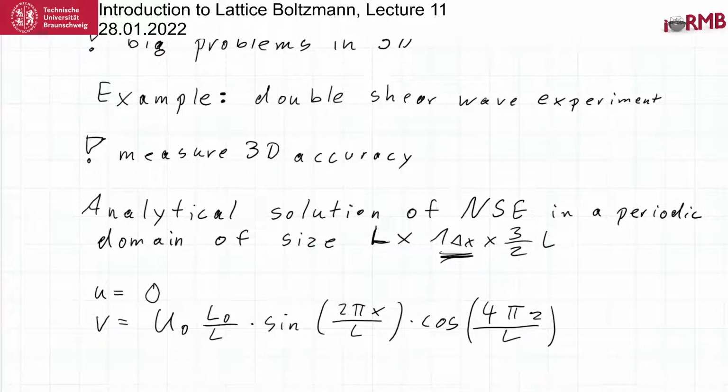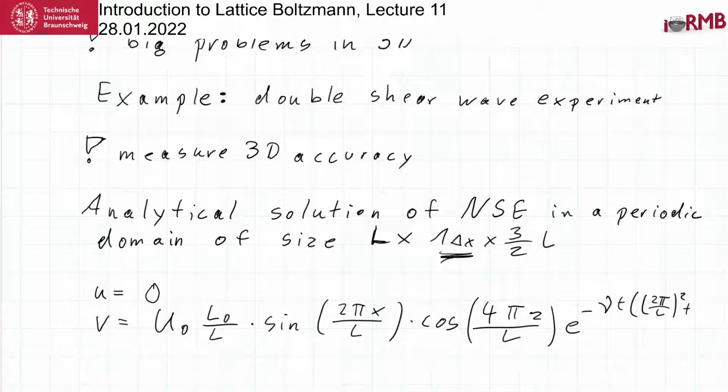And this will decay in time exponentially with the viscosity, with e to the power of minus the viscosity times the time, and something that is related to the size of the wave, the wavelength.